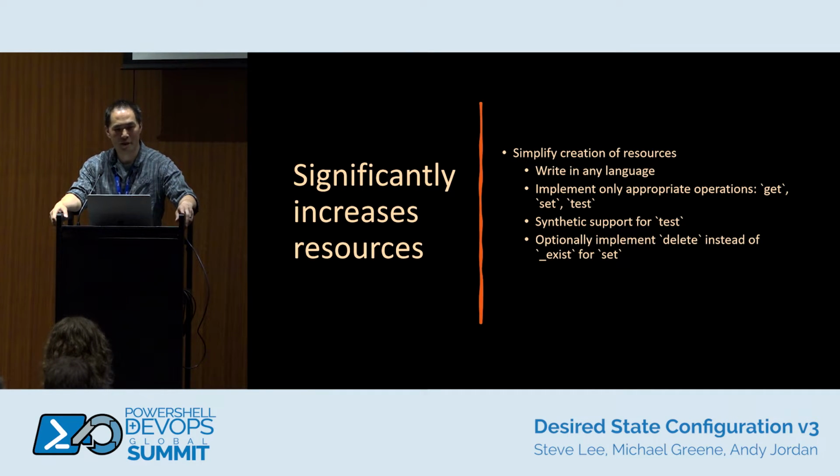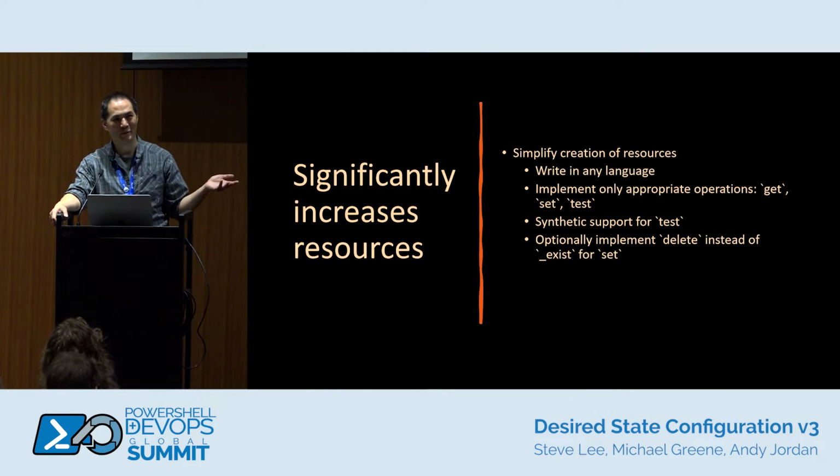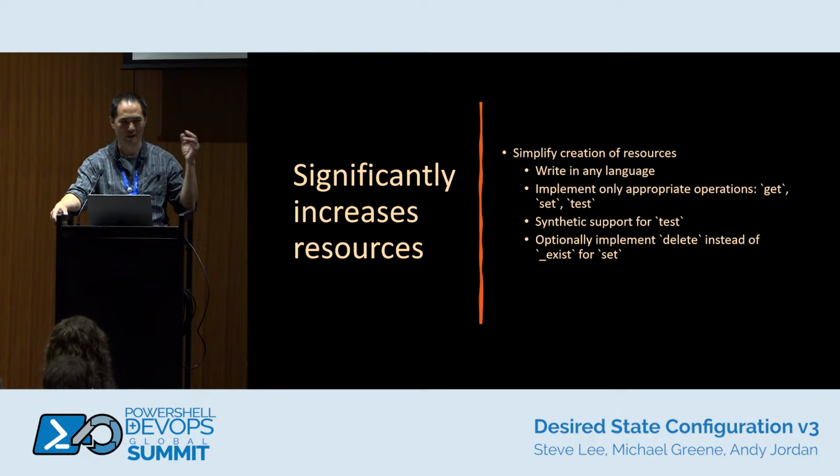One of the other things, as someone who wrote some of these V3 resources, it became clear: with the old ensure, which is now called _exist, the reason for that is that it made more sense when setting it and then getting it back to be called exist true or false versus ensure present or absent, which in my mind only makes sense when setting it, and when you get it, it's kind of confusing.